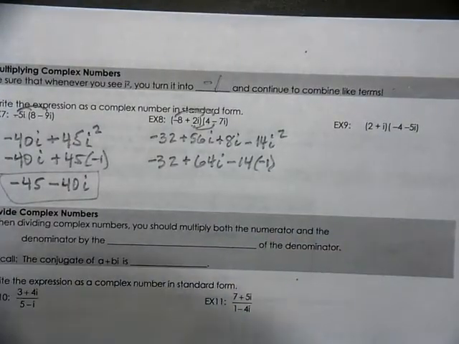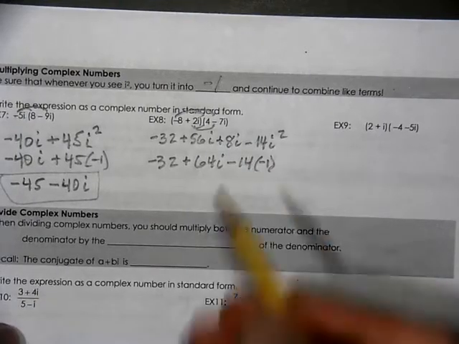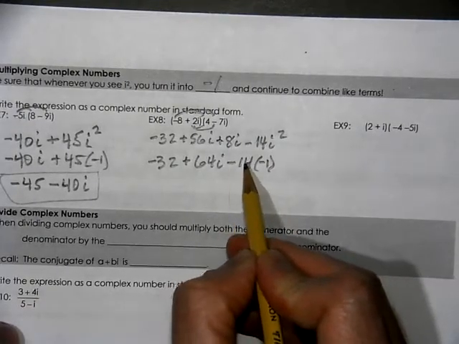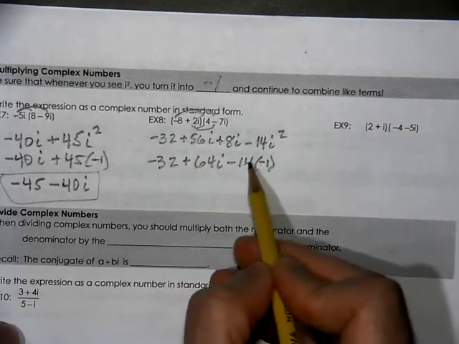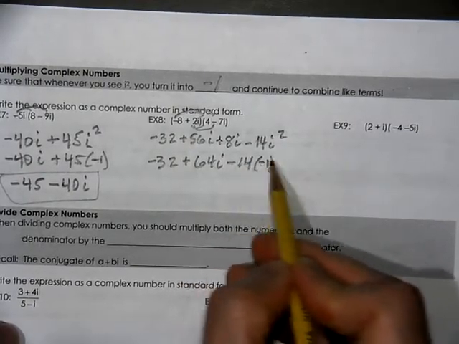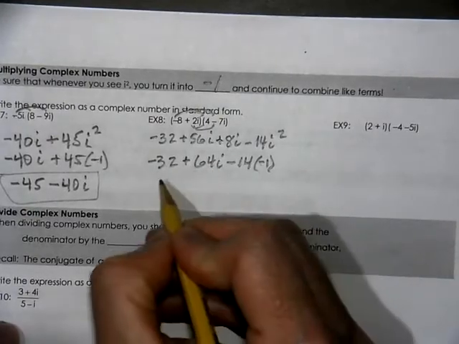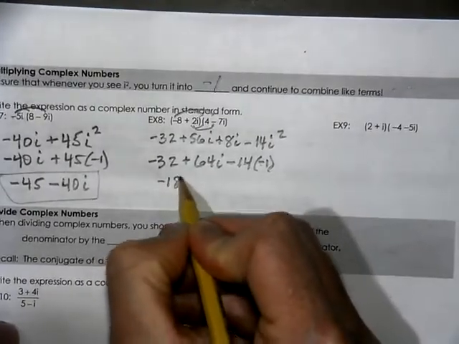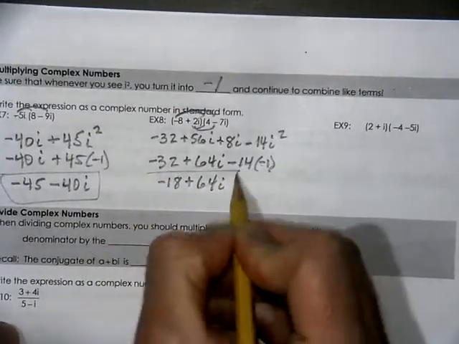Now our i squared means a negative 1. You'll never write an i squared as a final answer. So the negative 14 and the negative 1 make a positive 14. So we bring over the positive 14 over here and we get an answer of negative 18 plus 64i.